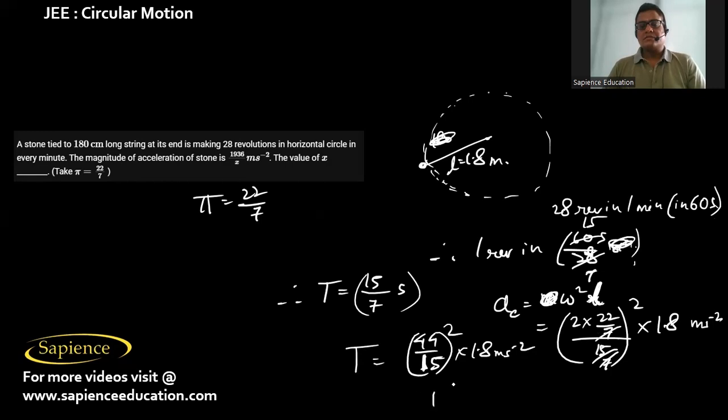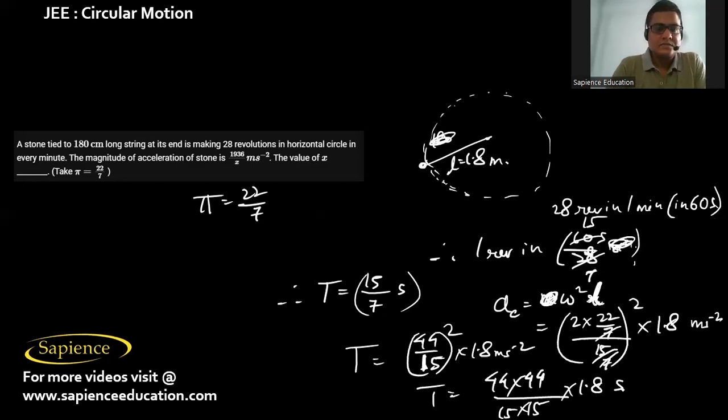That is, 44 into 44 by 15 into 15 into 1.8. This is the acceleration of the stone.